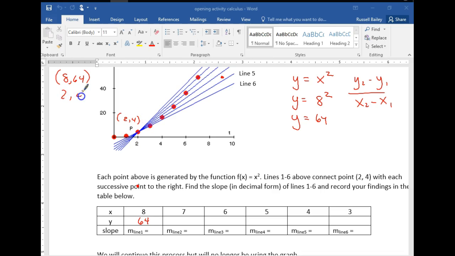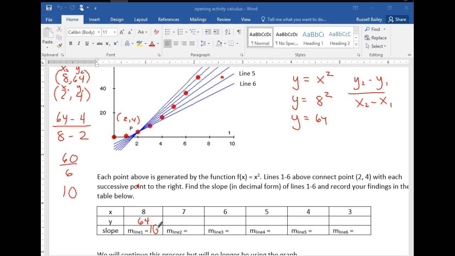And can I find the slope between those 2 points? I can. So I'll call this one y2, this one y1, x2, x1. So here we go: y2 minus y1 over x2 minus x1. And that's going to give me 60 over 6, which is 10. That's my slope.